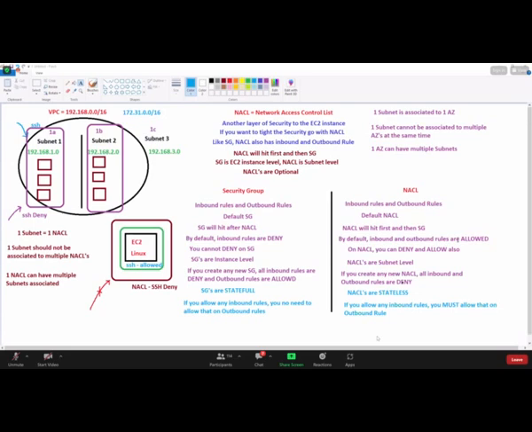Don't worry about the subnets. We'll talk about subnets in VPC. A subnet is nothing but an isolated network within a big range. So you have one big network range, and inside that you can create your own small isolated networks. That's why you call it a subnet.